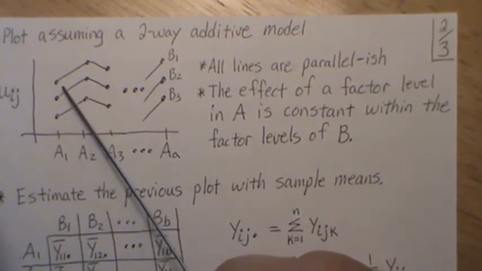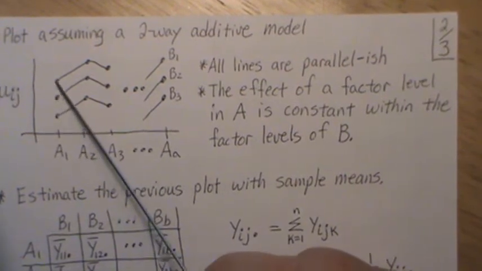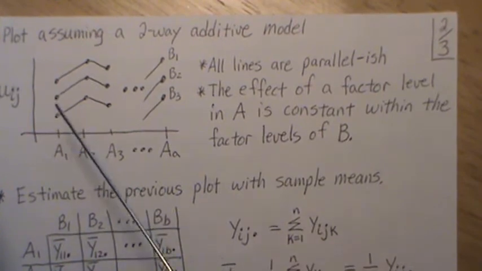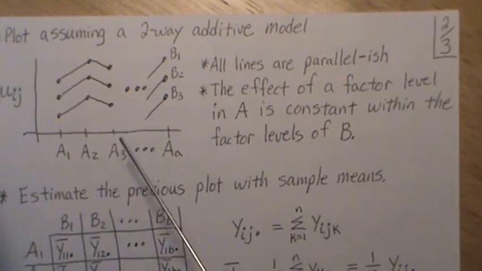To go from B1 to B2, it's this distance, which would be alpha_1, and it's this same distance for going from B2 to B3.